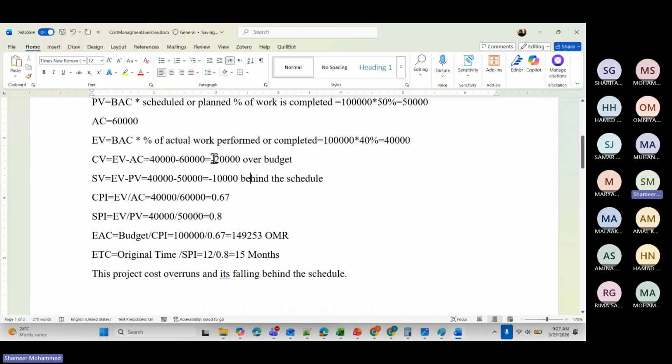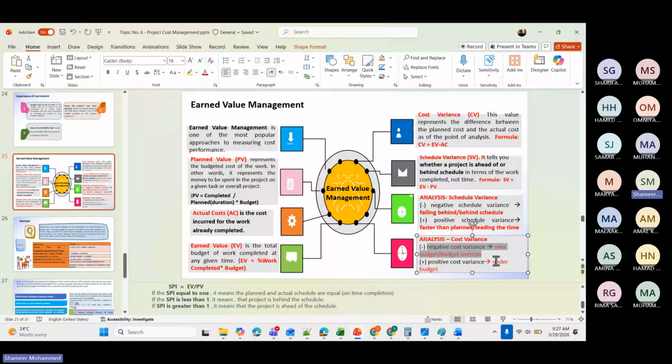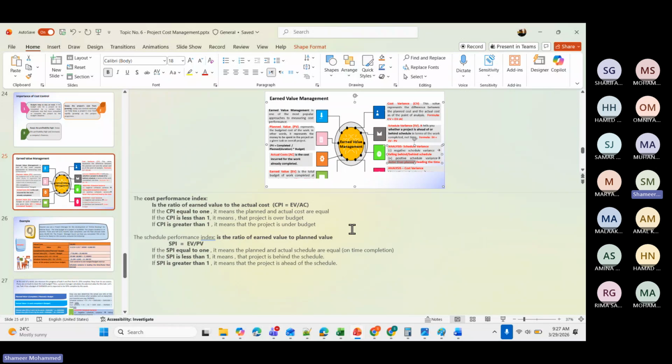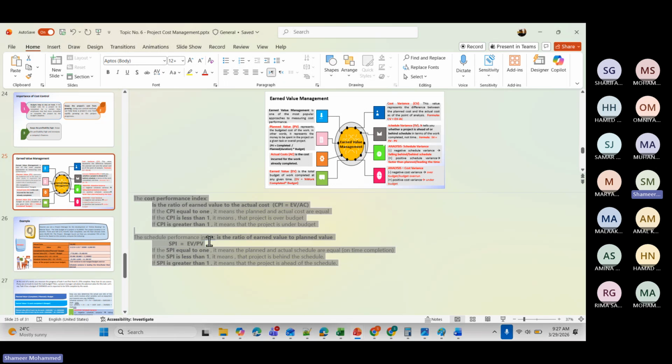If it is positive, then you write under budget. And if the time is positive, then faster than you planned. These formulas you can also remember. If CPI is equal to 1, less than 1 or greater than 1, what is your answer?